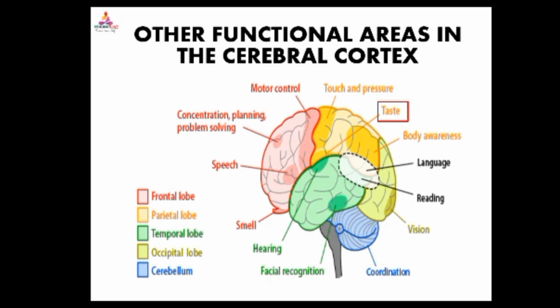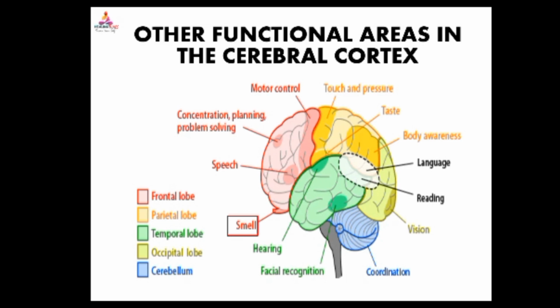Next is the vestibular area, which is probably located near the part of the postcentral gyrus which is concerned with the sensation of the face. Next is the olfactory area, that is the area 28, located in the anterior part of the parahippocampal gyrus and uncus.